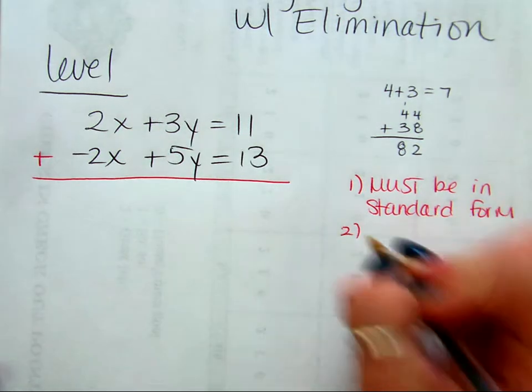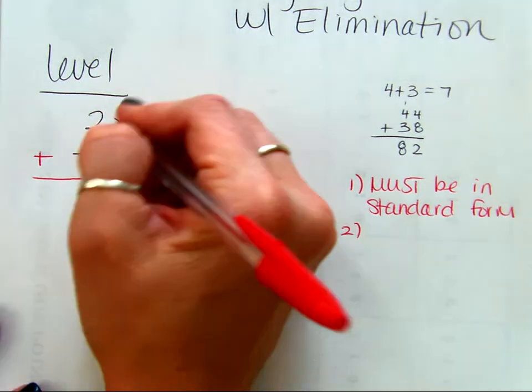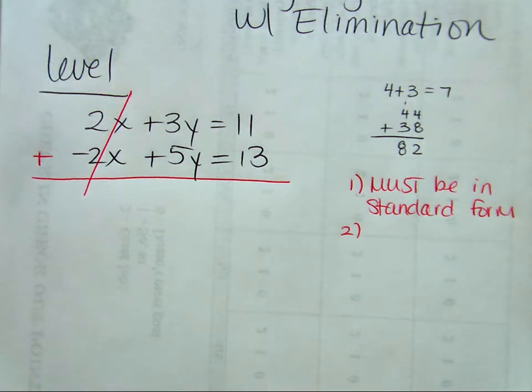And what else makes it a level 1? It's already set up to cancel. Meaning I'm looking to totally get rid of a variable. I need to either totally eliminate the x's or totally eliminate the y's. And in this case, when I go to add my positive 2x and my negative 2x, it already is ready.